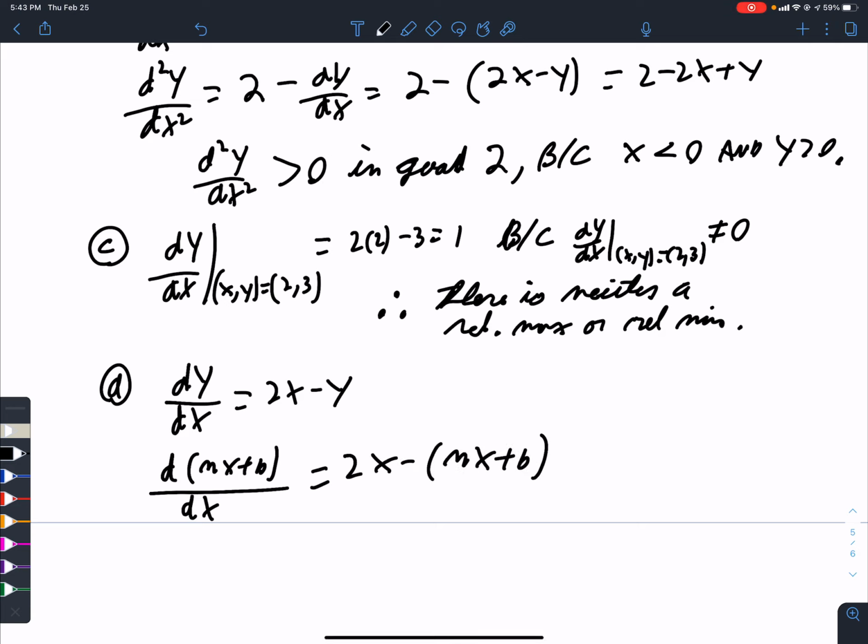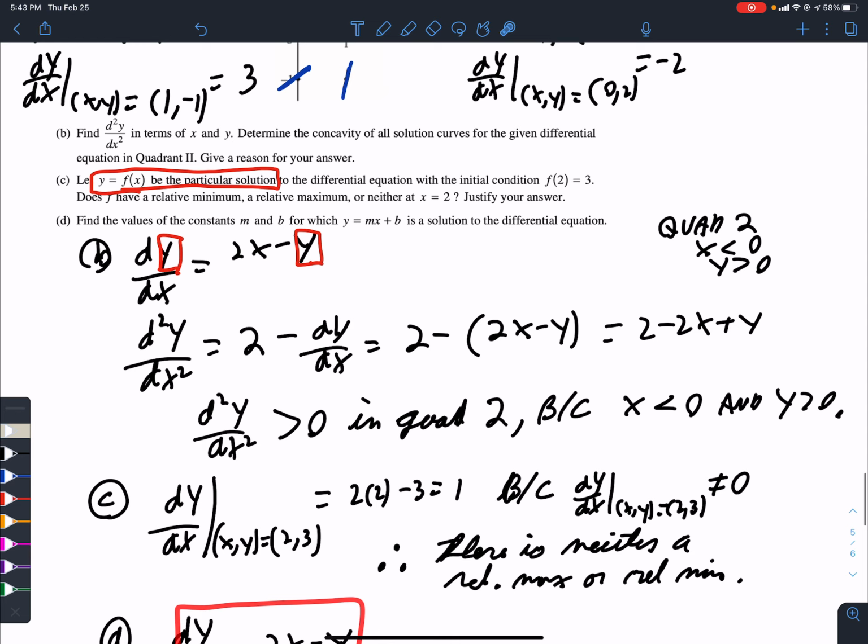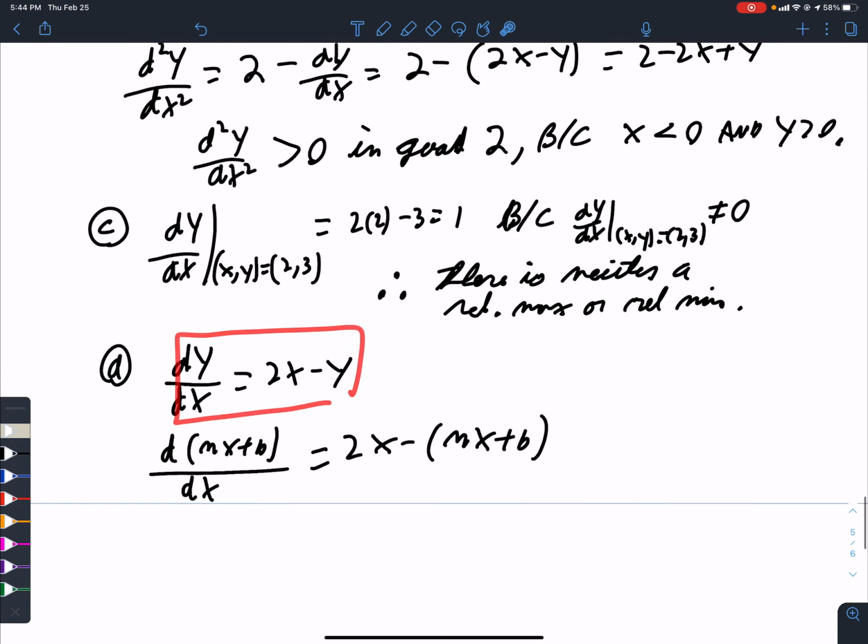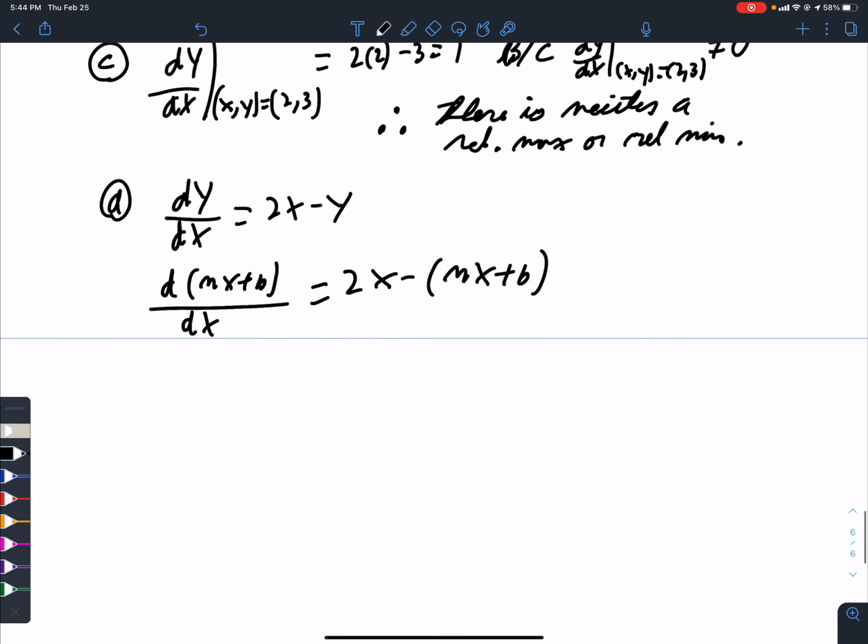According to part D, mx plus b is a solution, so I'm going to plug it into the differential equation. The derivative of the left side is just m. And on the right side, I get 2x minus mx plus b. That must be a true statement.